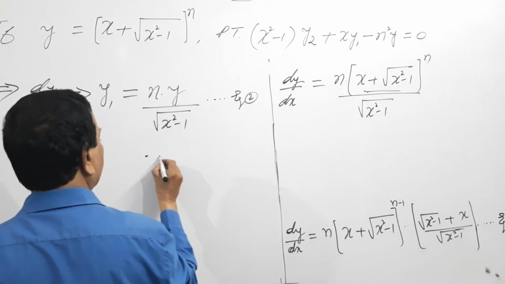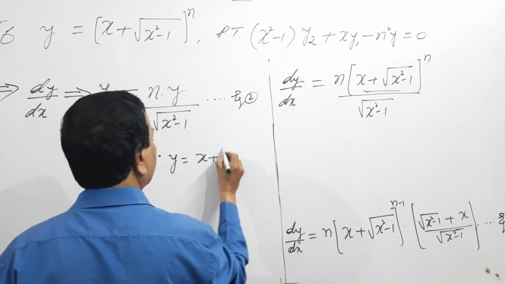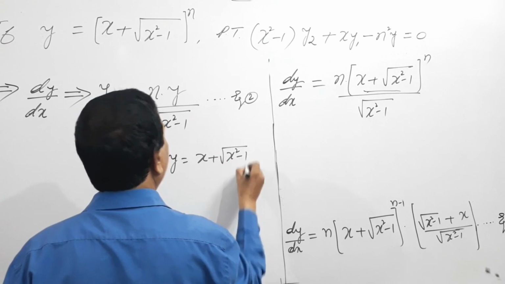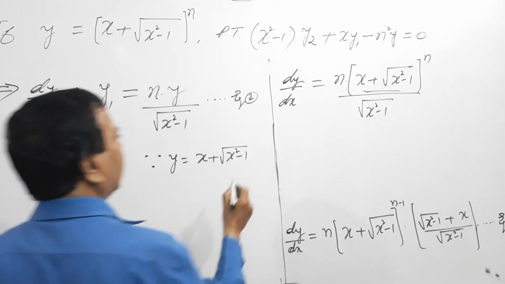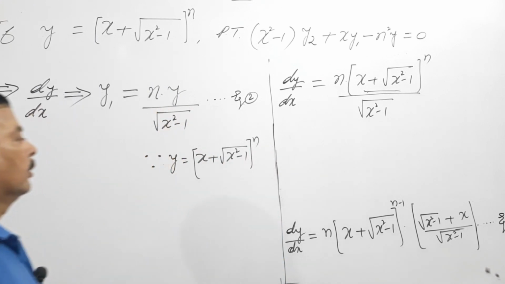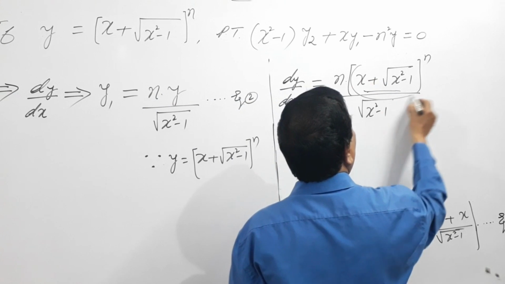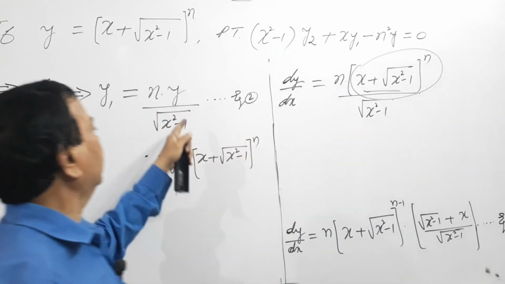since y equals x plus under the root x square minus 1, to the power n. So I substitute this entire value with y.